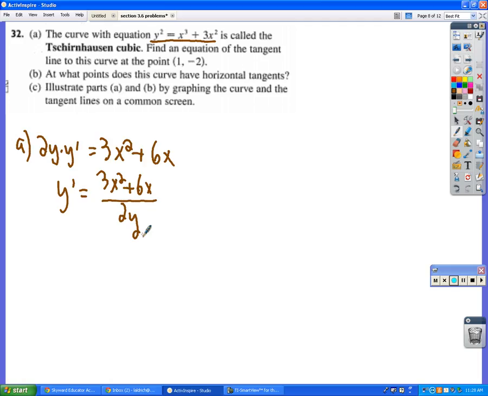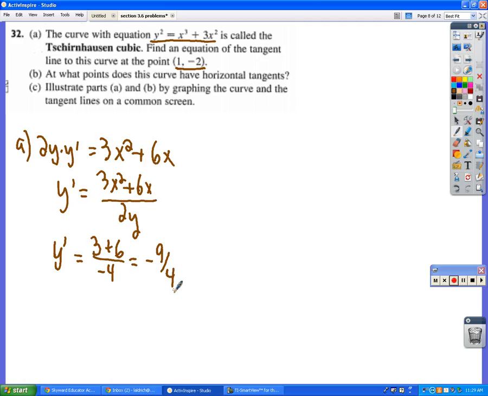All right, so I need to find the equation for the tangent line at the point 1, negative 2. So if I plug in 1 for x, that gives me 3 plus 6 on top. And I need to plug in negative 2 for y. So 2 times negative 2 is negative 4. So that gives me a slope of negative 9/4 at that point.